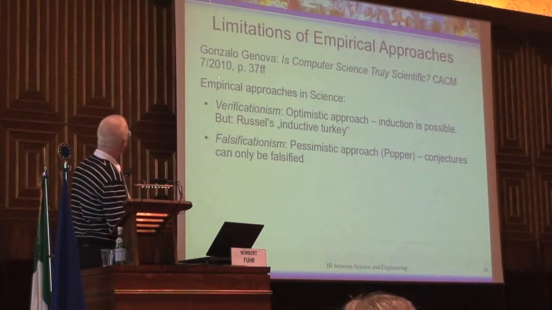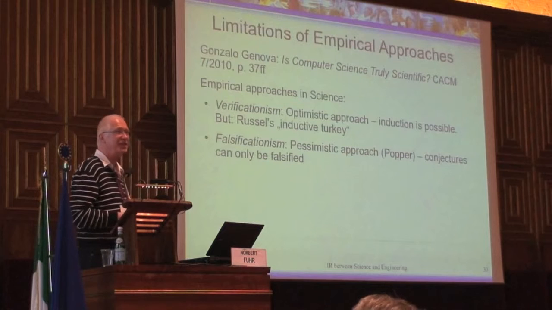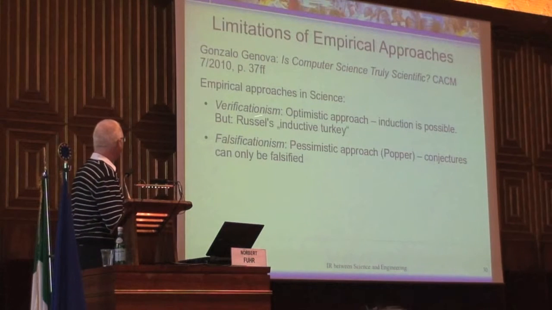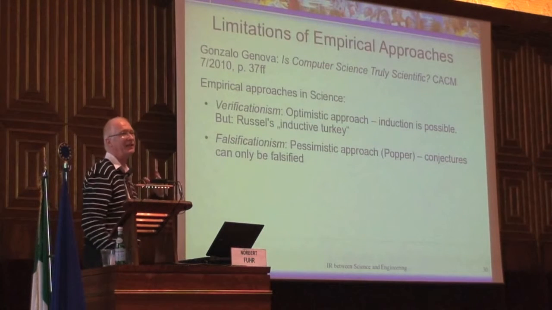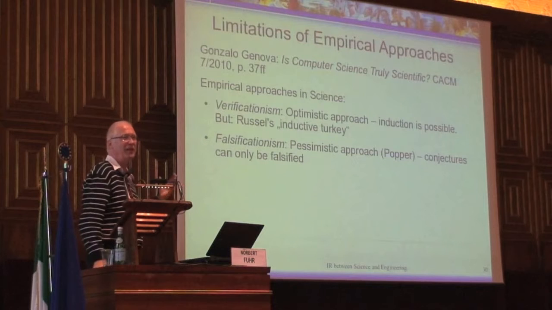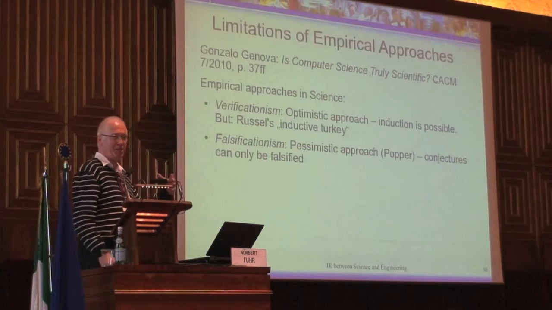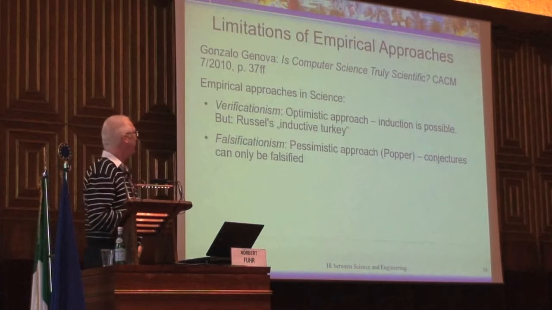The article starts with the observation that there are two kinds of empirical approaches in science, and currently dominating is verificationism. This is the optimistic approach, assuming that induction is possible, assuming that if we only have enough observations, we may be able to perform some kind of induction for other points we have not observed so far.